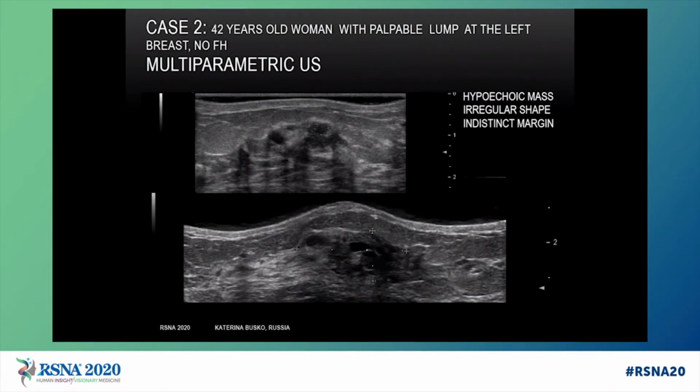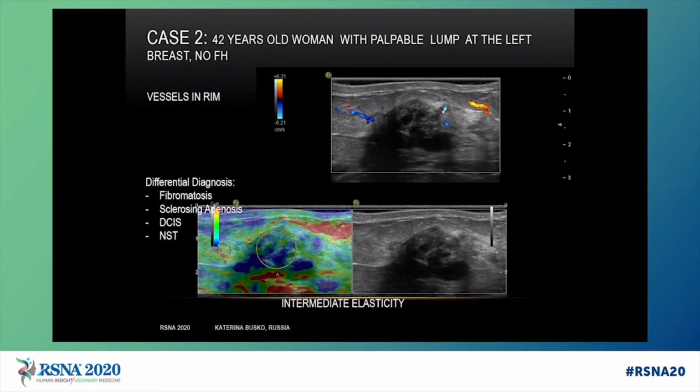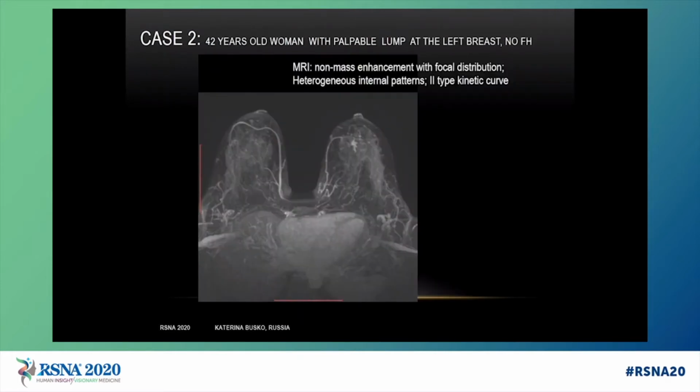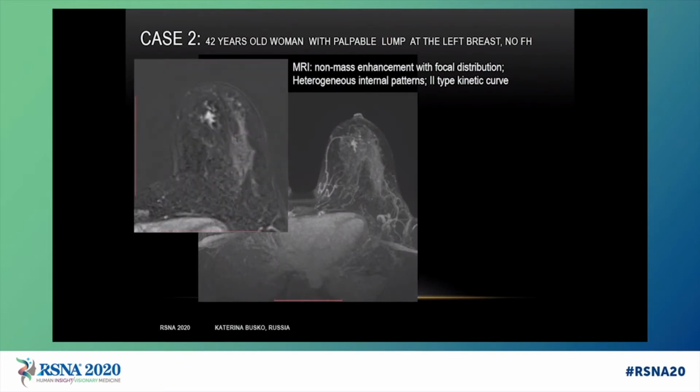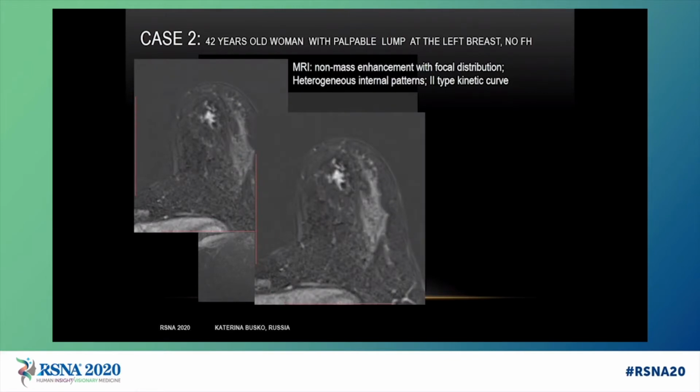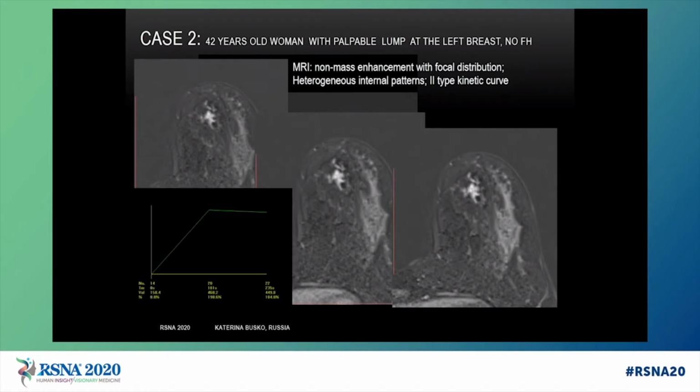On ultrasound, hypoechoic mass with microcyst, irregular shape, indistinct margin, with vessels in the rim and intermediate elasticity. BI-RADS 3 category. The next step is MRI. On MRI, non-mass enhancement with focal distribution, heterogeneous internal pattern, second type kinetic curve. The MRI features can match DCIS, BI-RADS 4 category.